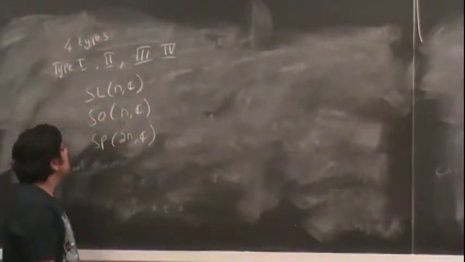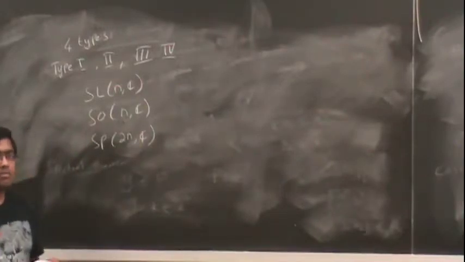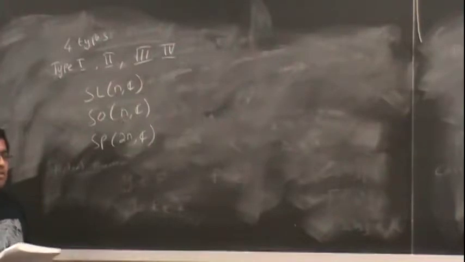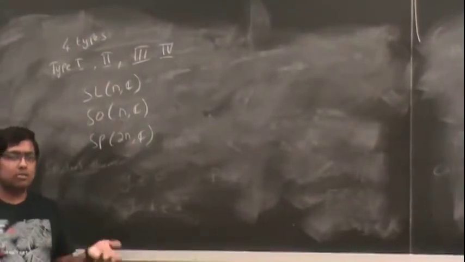So given any complex Lie algebra or group of this form, we can find a unique maximally compact real form. Don't ask me how I get that, but that's a fact. Which means that there is a real form that is maximally compact. It's a subgroup of these.